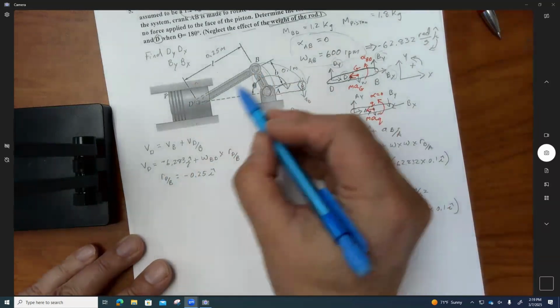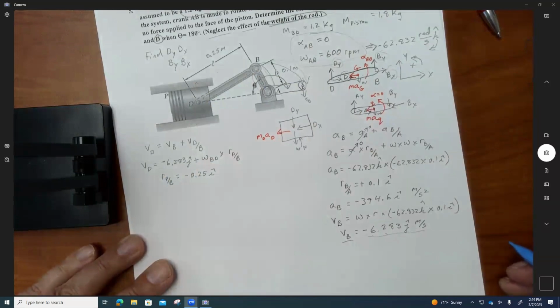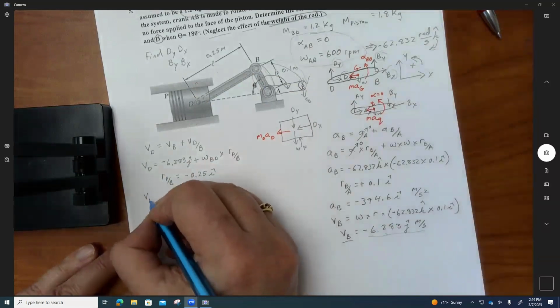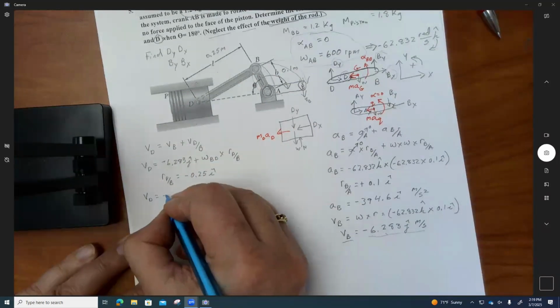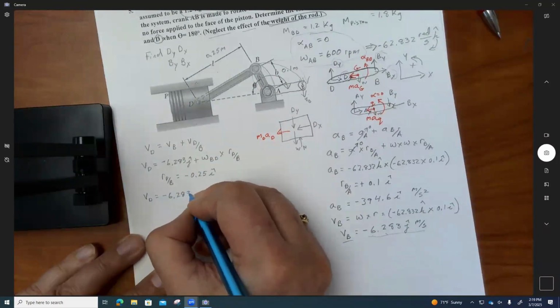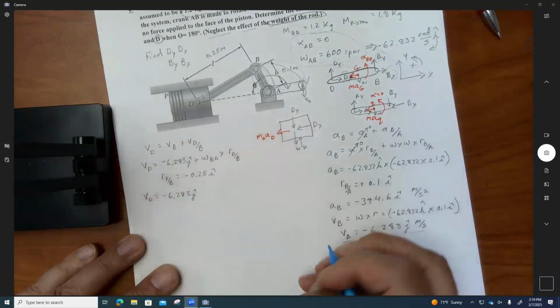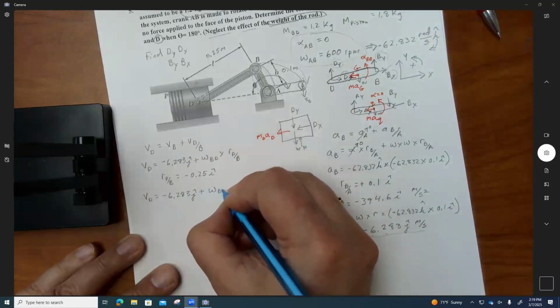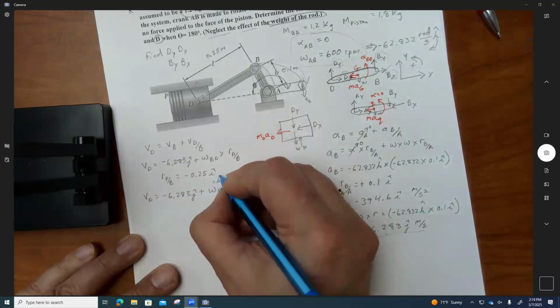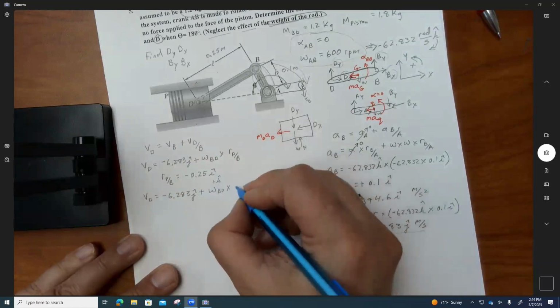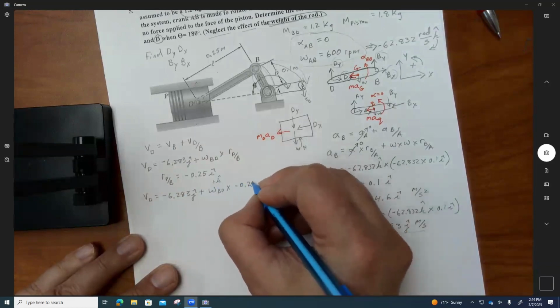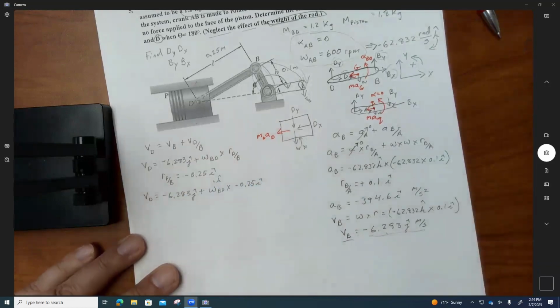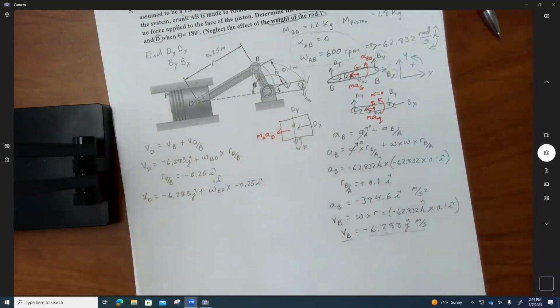And do I know an omega for BD yet? I do not, but I might be able to figure something out. Let's put my velocity of D equation together the best I can. So I'm just copying down the velocity of B again. I'm going to add that to my omega BD, and I'm going to assume a positive K direction and cross that with a minus 0.25 I. All right.